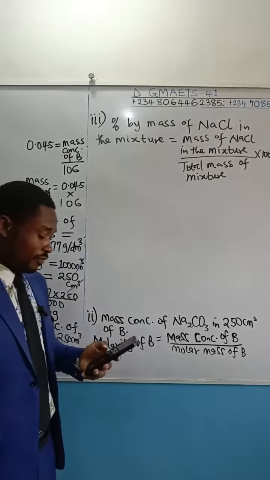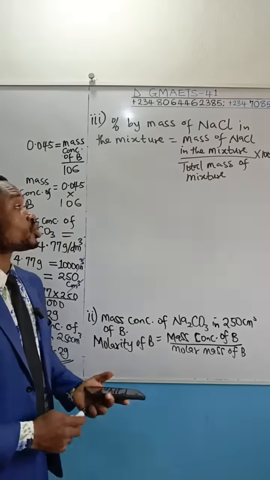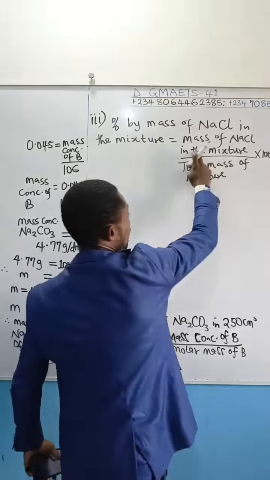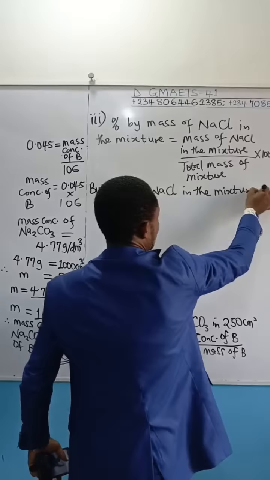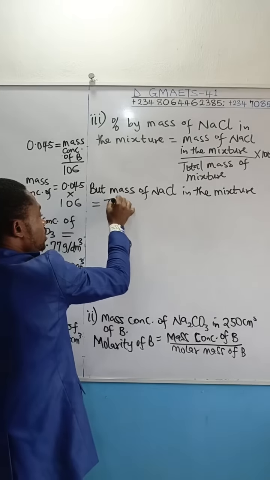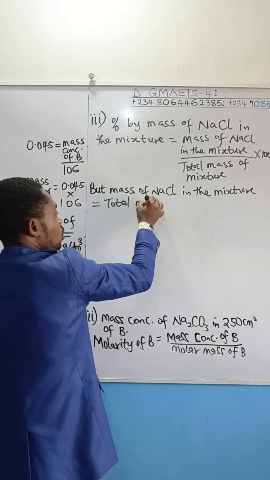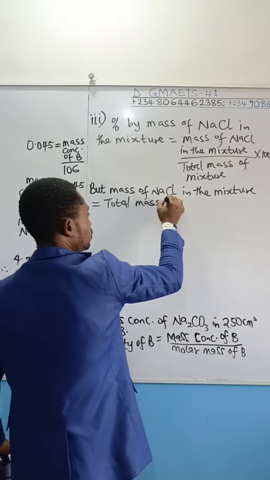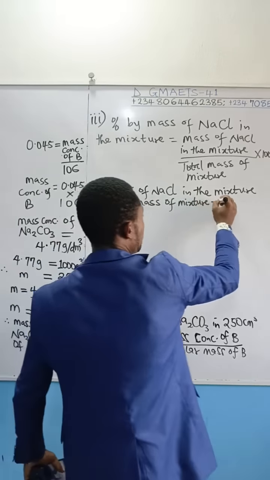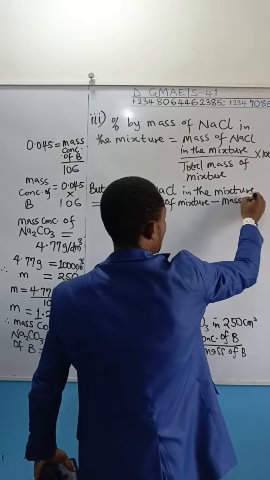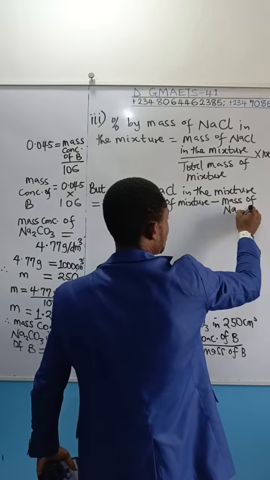So since this is the formula, all we have to do is just get our mass of sodium chloride in the mixture, which I have explained already. So I can say, the mass of sodium chloride in the mixture is going to be equal to total mass of mixture minus mass of sodium carbonate.